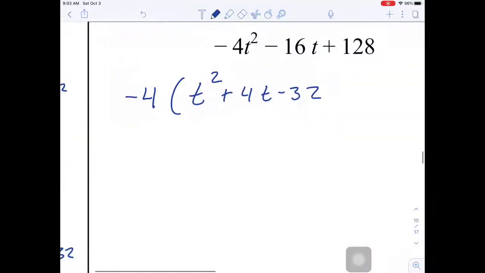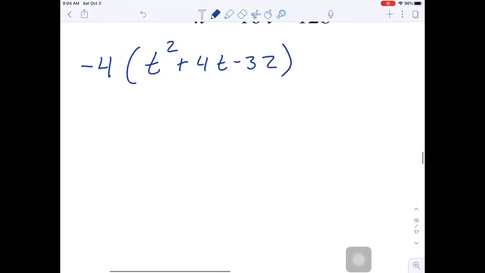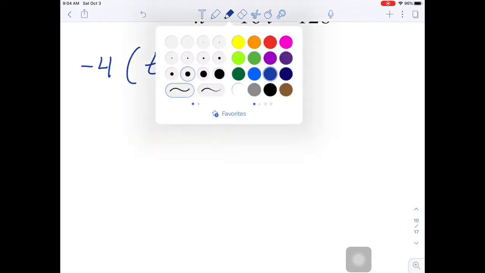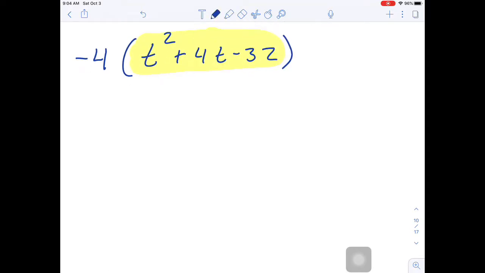Okay, so now I factored this out, and this makes my life a little bit easier. I factored out my negative 4. So now I can just focus on how to factor this trinomial and apply PSA.